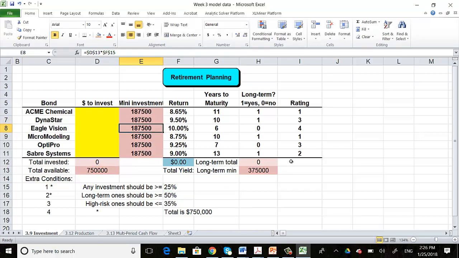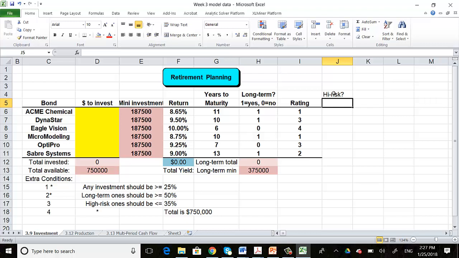Now we'll do the high risk one. We'll follow the same approach: determine whether it's high risk or not, using the rating. How did they decide whether it's high risk or not? Rated lower than very good, so lower than 2, is high risk.